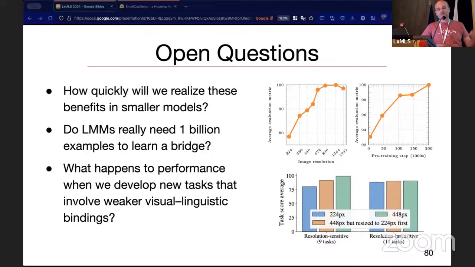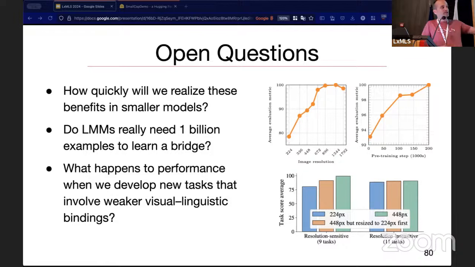And it's quite clear that going up to maybe 448 or 672 is a huge gain here. And on the right-hand side, we also have the average normalized evaluation metric, as in the number of steps you train for. It's quite clear here that training for longer really improves performance across a wide variety of different tasks.